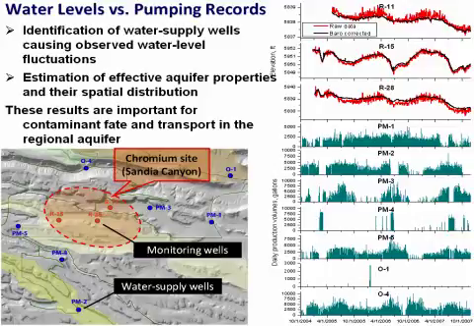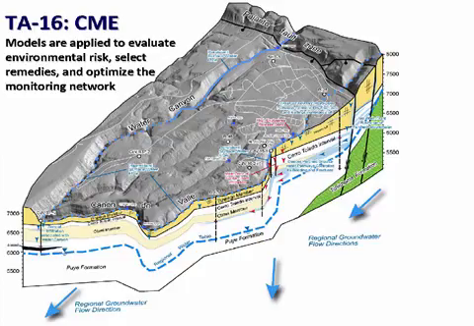If you're interested, I can give you papers discussing this kind of analysis, but it's really critical in this case to better understand how the pumping is affecting the groundwater flow directions in this area. So this is more or less what I wanted to say for the Chromium project.